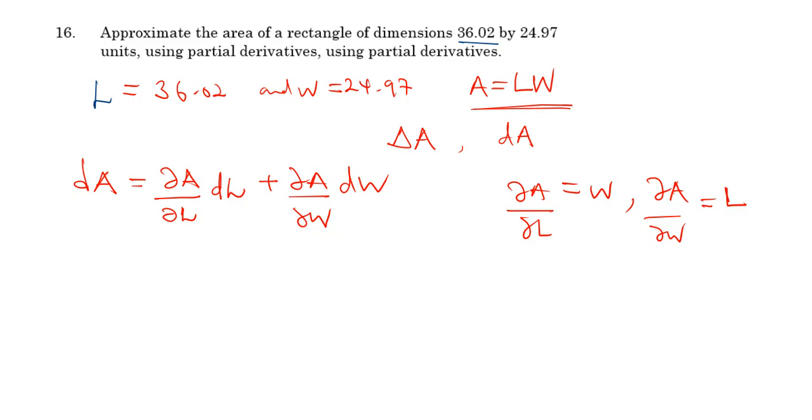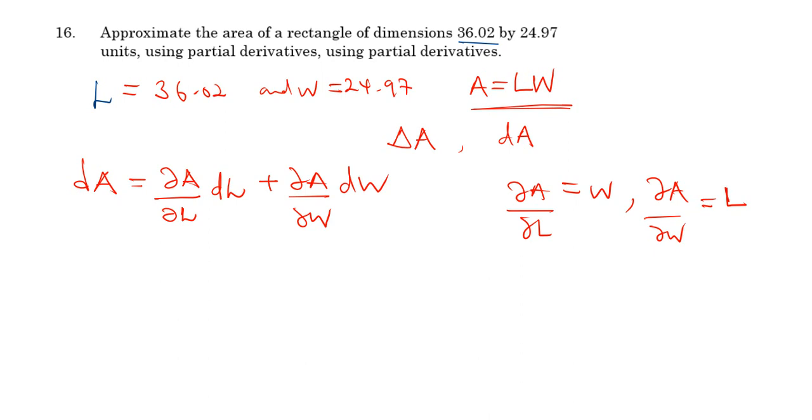Next, what I need to do here is to identify the best values, and after that I must find the change in dimension. What do I mean by the best values? Here we have 36.02, which has decimals, so the best values should not have decimal points.